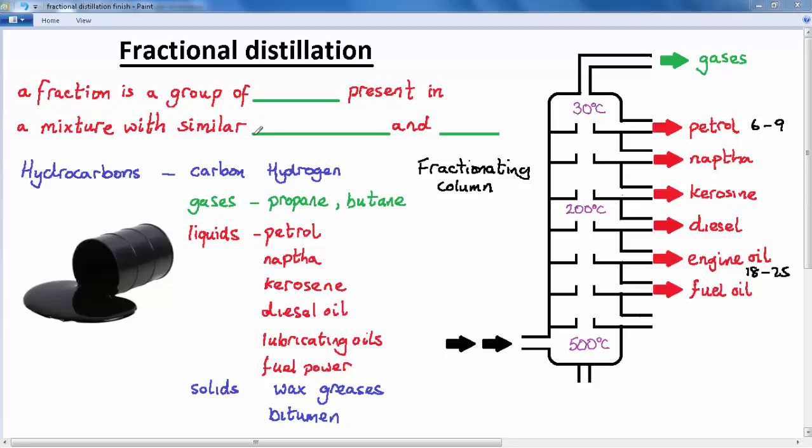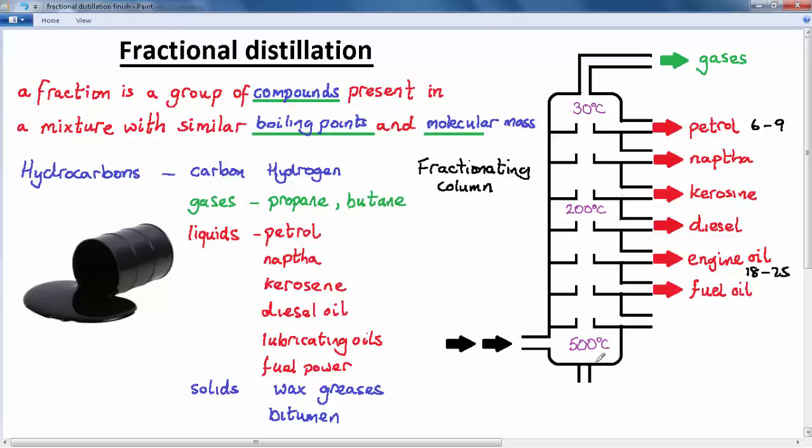So a fraction is a group of compounds, and in the case of crude oil we mean hydrocarbons, present in a mixture with similar boiling points and molecular mass.